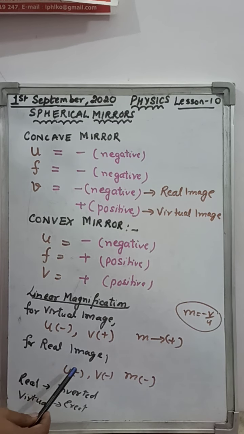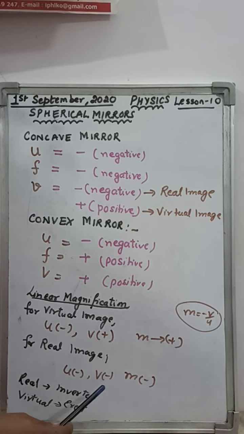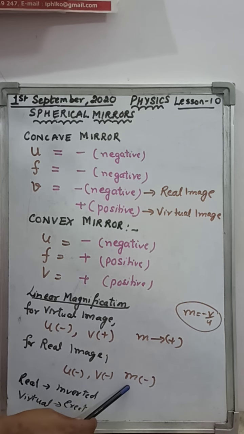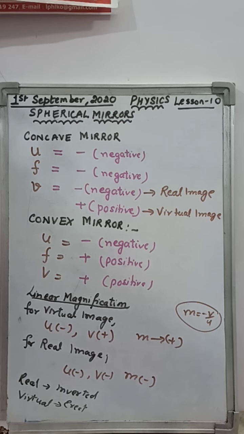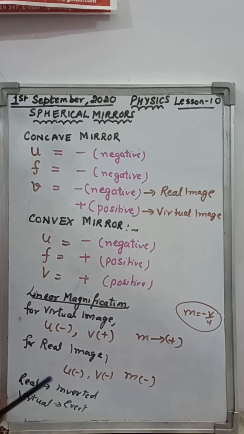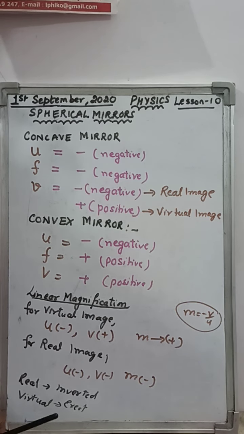For a real image, u is negative and image distance v is also negative, so magnification will come out negative. Now, when they ask you to write the characteristics of the image in a numerical, for real you will write inverted, and for virtual you will write erect.